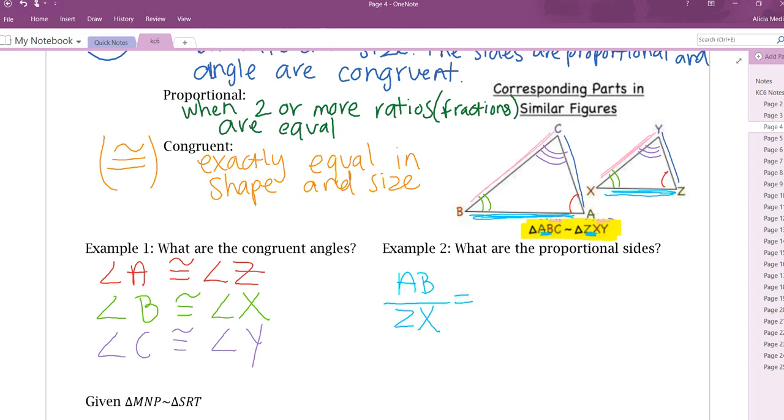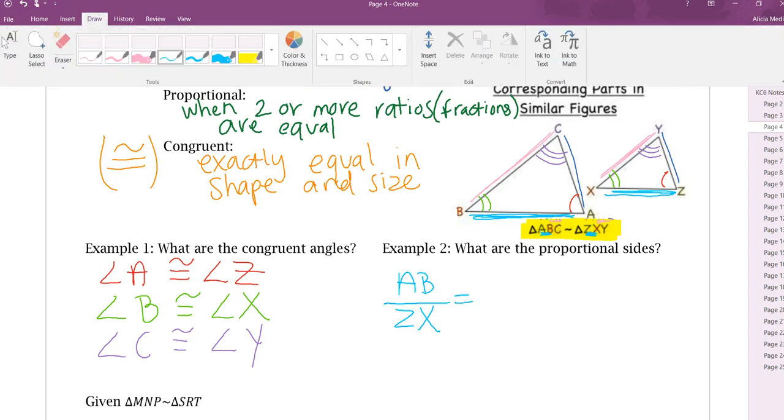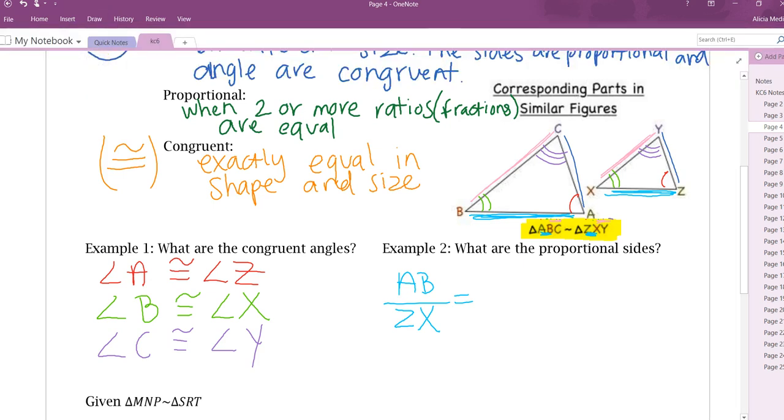Now that side, if I were to have numbers there, is going to be proportional to the next set of numbers, which would be BC, and I wrote that in pink. So BC would be the second and third letter, B to C. Well, B was equal to X, so I have to say X first.